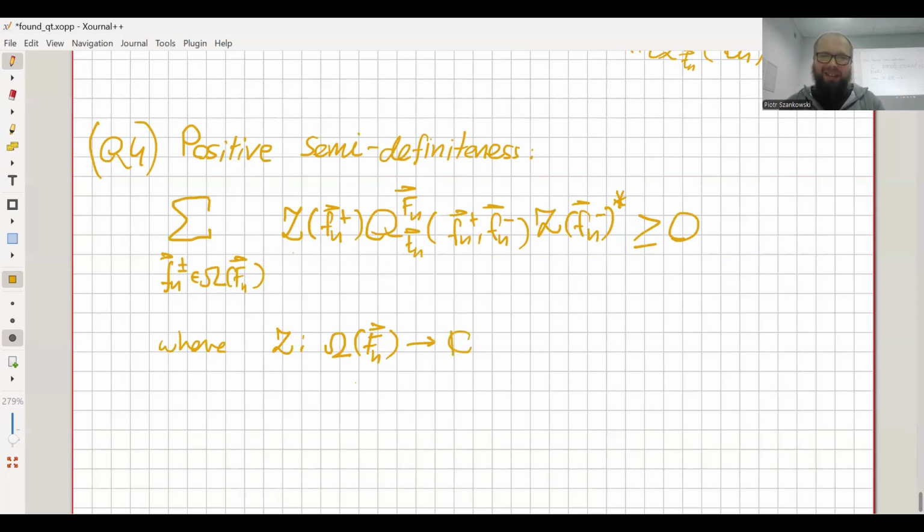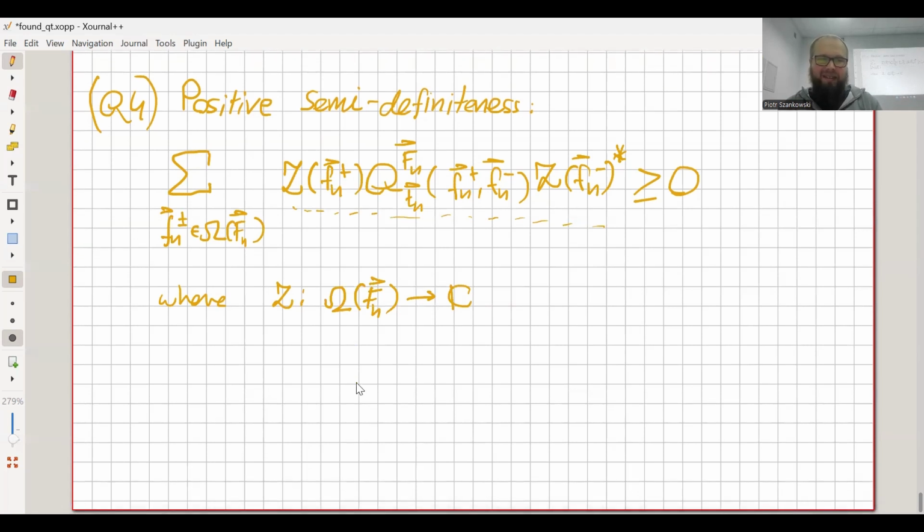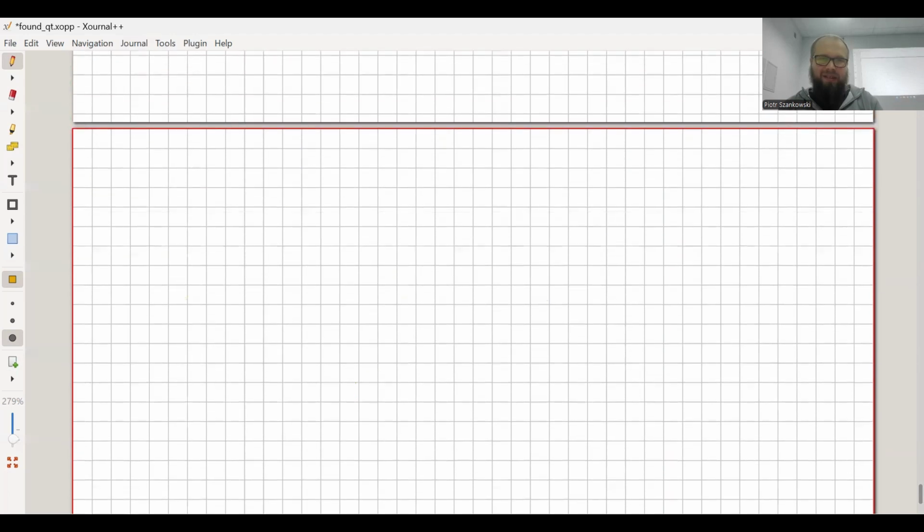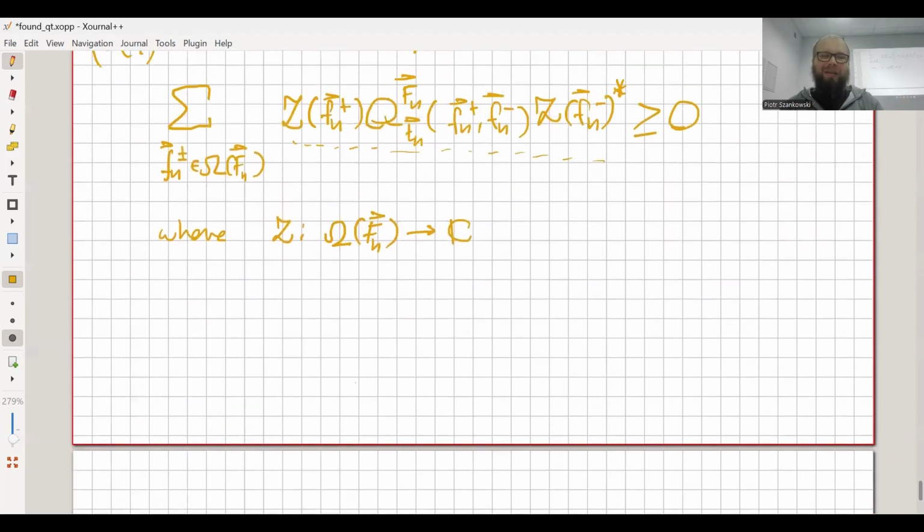So this is like a scalar product, right? You sandwich Q with z, z complex valued, take a scalar product, and this should be non-negative. It's like you have a positive operator. You would write it like this for operators.